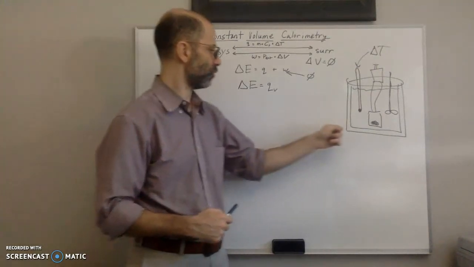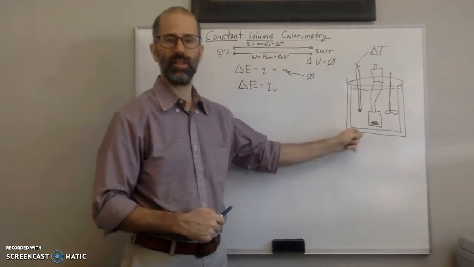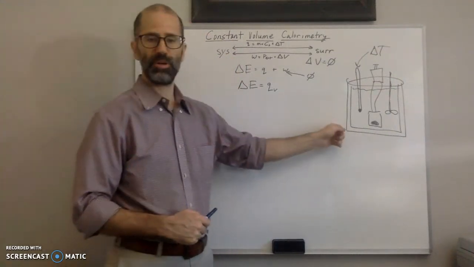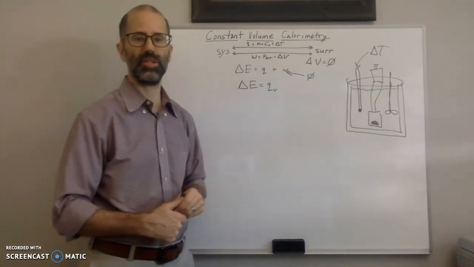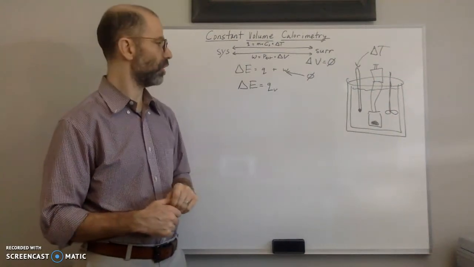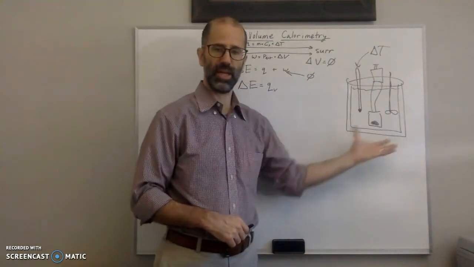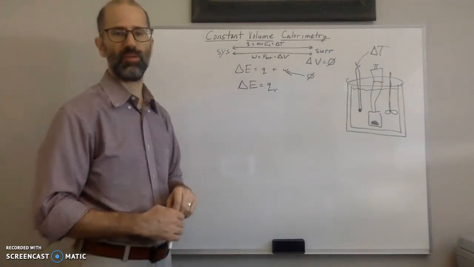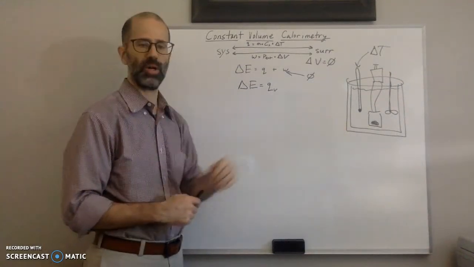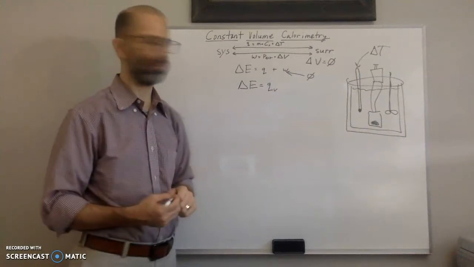And in addition to that, you'll be given the specific heat of the calorimeter. Because the calorimeter itself will also pick up some of that energy, you need to measure that as well. So that way we'll have all the energy, the heat that was evolved, and we can figure out what the total amount of heat evolved in the reaction was at constant volume.